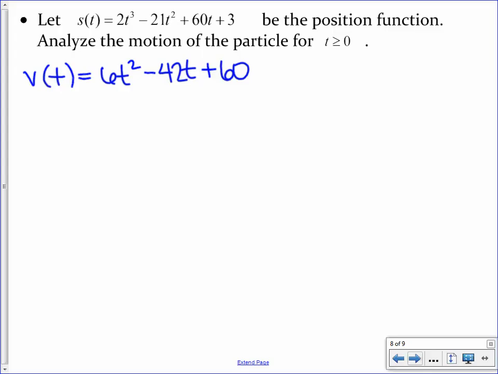What if it changes from positive to positive? Then it's moving right, it stops, it's moving right again, and that's something we would have to notate. So we're going to set it equal to 0. What do you suggest we do with the right side? You can divide by 6, factor out a 6.